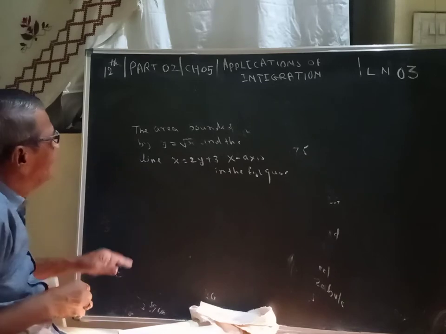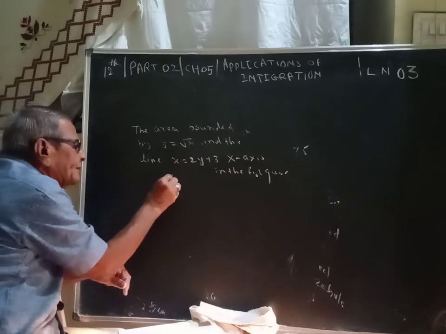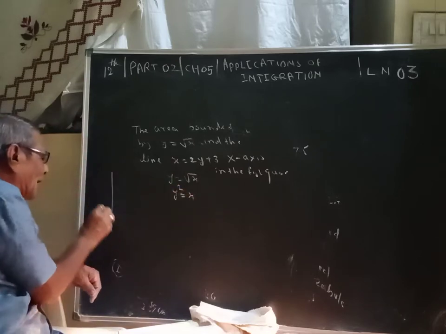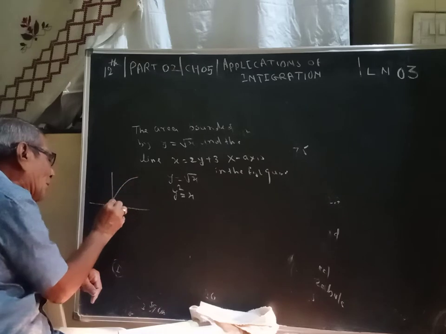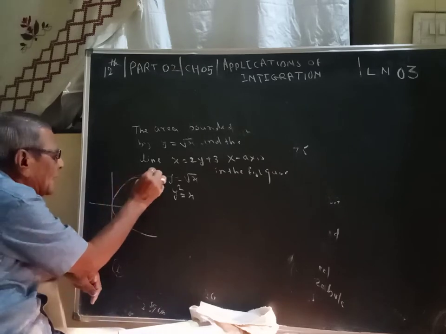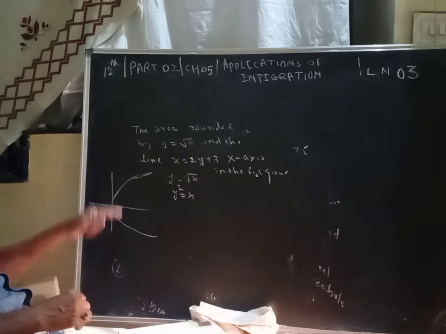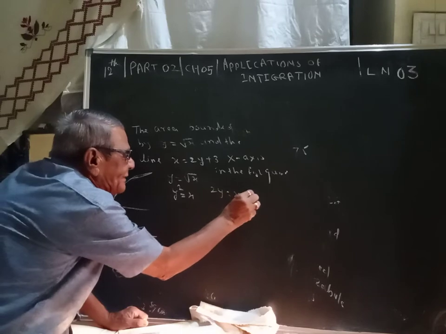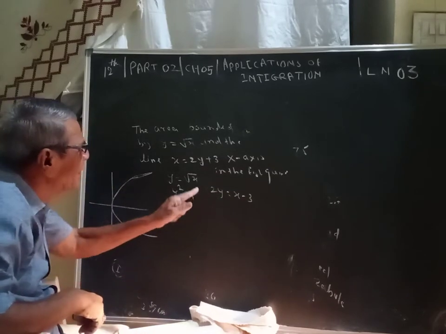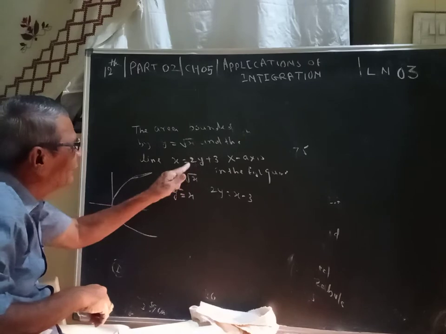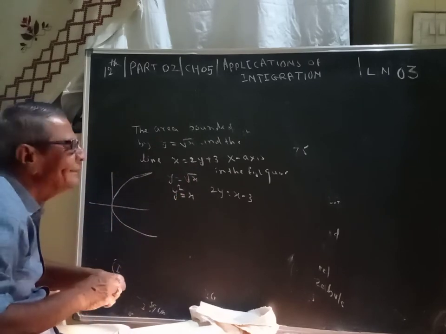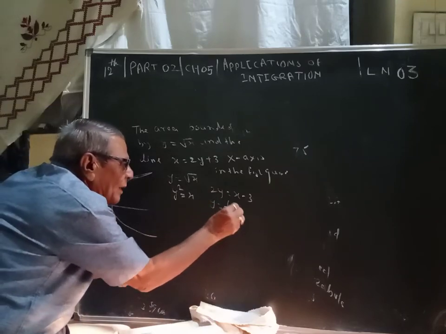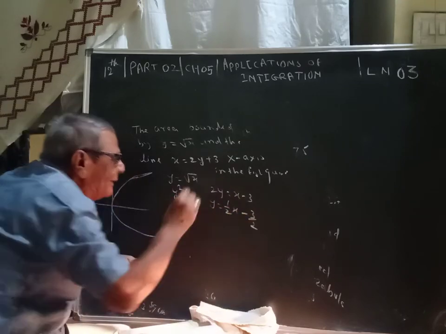Look, the curve given, y is equal to root x, y square is equal to x. So it is again a parabola which is symmetrical about the x-axis. Now for this line, 2y is equal to x minus 3. Plus 3 comes here as minus 3, and this 2y comes here. Then 2y moves to the other side. So y is equal to 1 by 2 x minus 3 by 2.